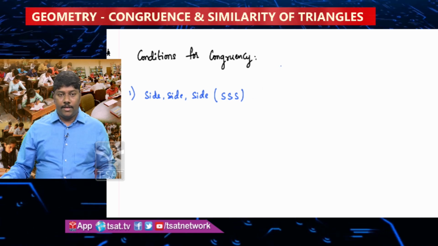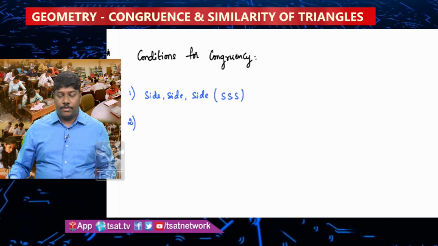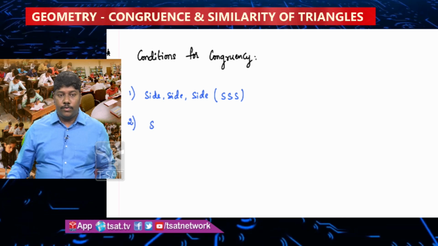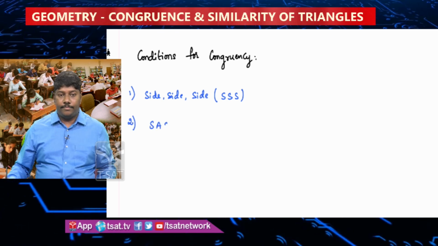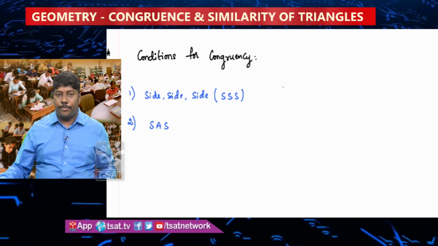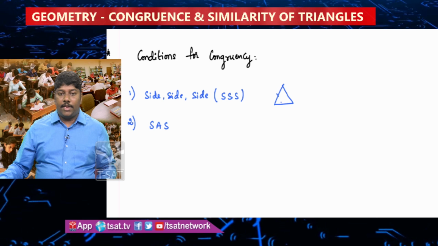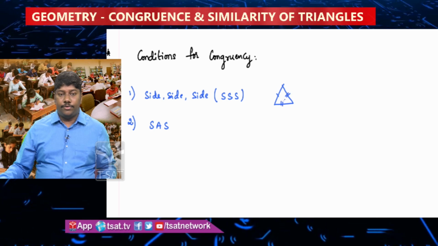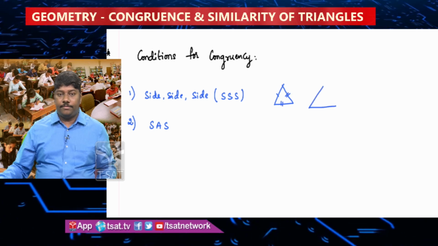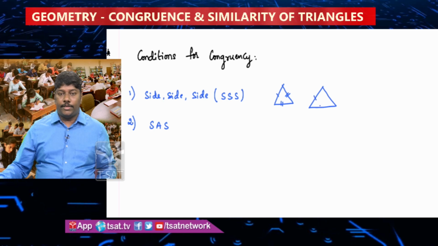Then you say they are congruent triangles. Second, two sides and the corresponding angle. If you know that the three sides of one triangle are equal to the three sides of another triangle, we say that it is congruent.